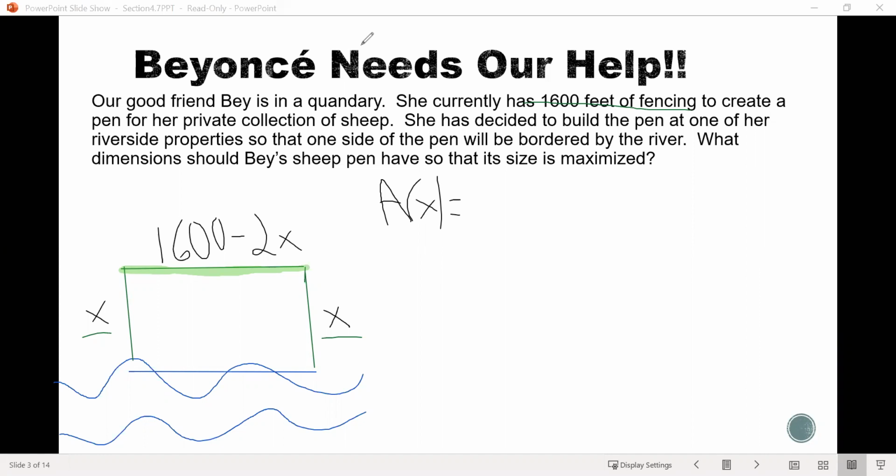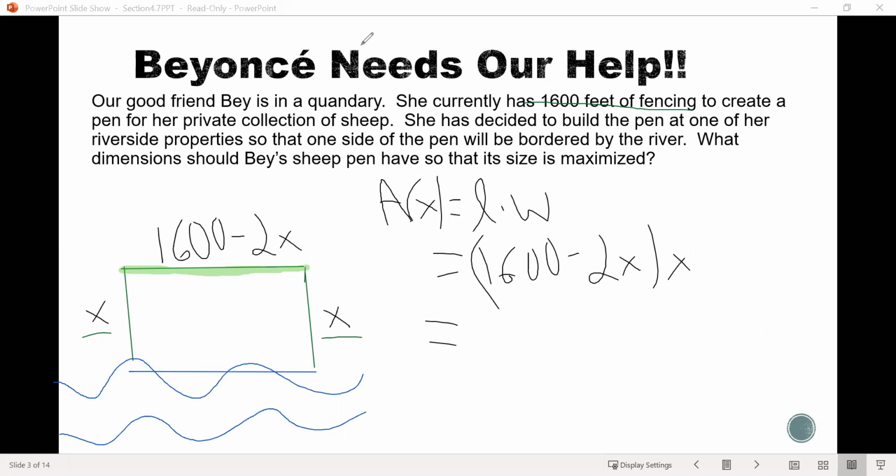It's a rectangular shape, so the area would be found by doing length times width. In our setup, our length is 1,600 minus 2x and our width is x. If we distribute that in, we get 1,600x minus 2x squared, and that will be our area function.